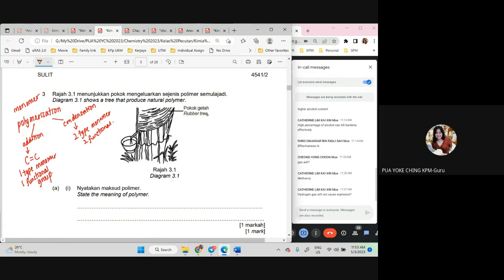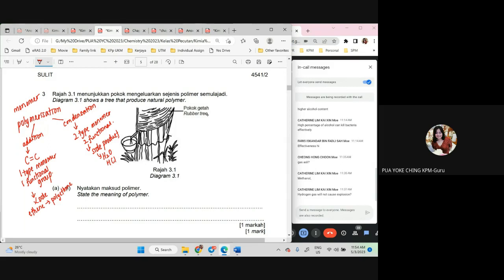It can come from your amine group, which is your NH. And for condensation, there is a side product. For addition, there is no side product. It means whatever goes in, ethene goes in, polyethene comes out, nothing else. But for condensation, you get a side product, which may be H2O, or may be HCl. Depends. So I won't go through the detail. If you want the detail, you have to read it again.